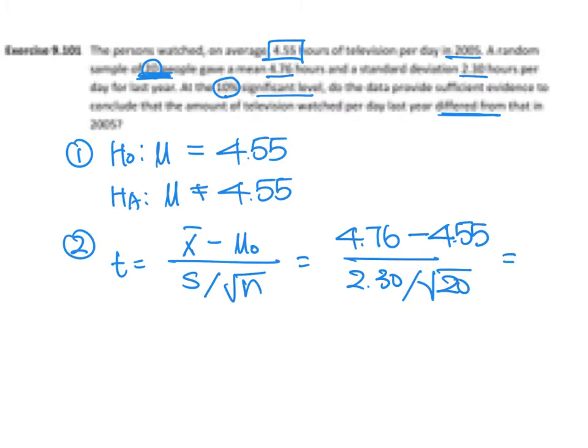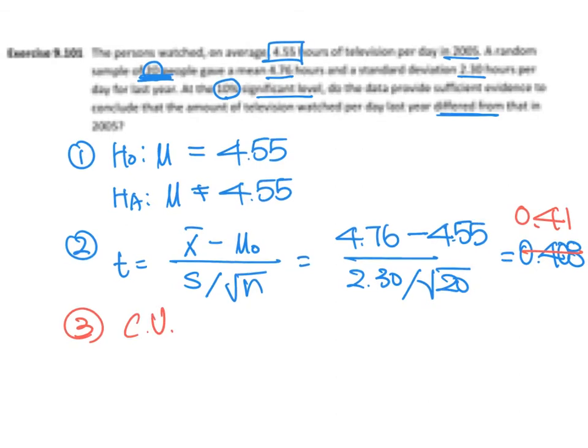Let me take the difference, 4.76 minus 4.55, a positive 0.21 over 2.30 over square root of 20. I have a test statistic of 0.408, so that will be 0.41.